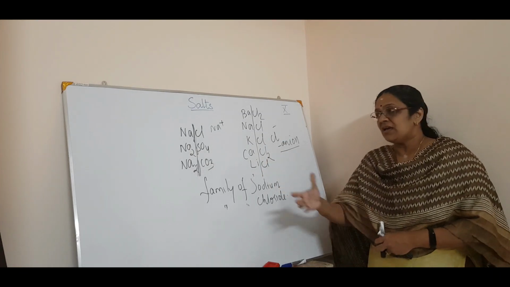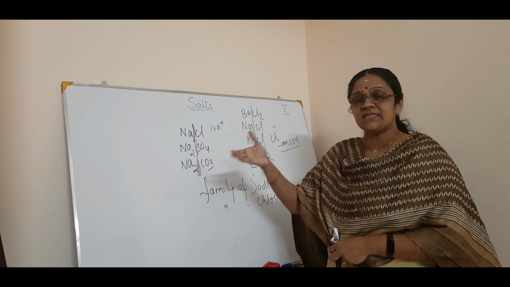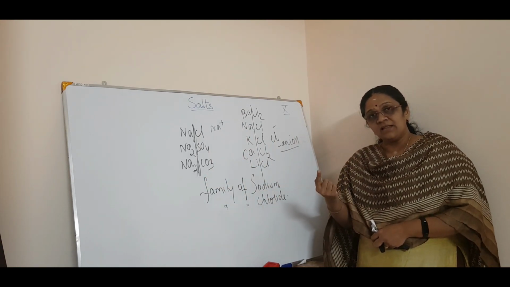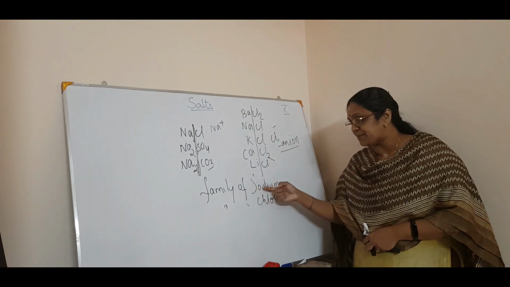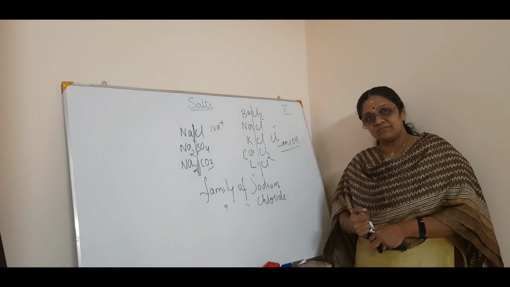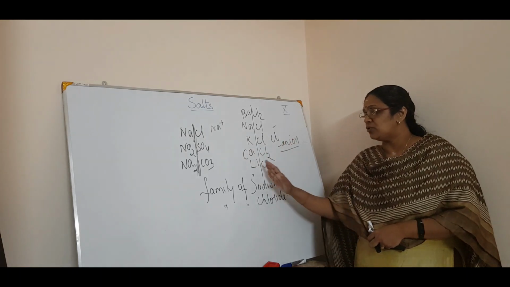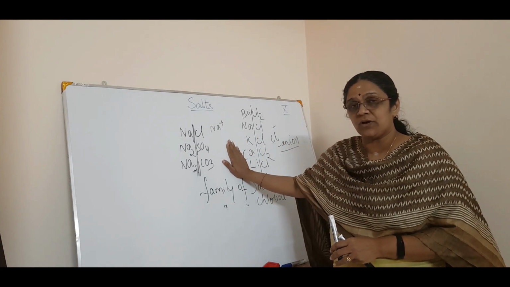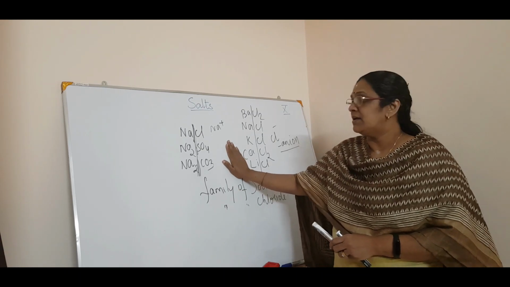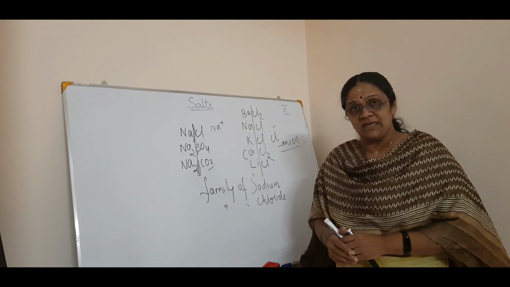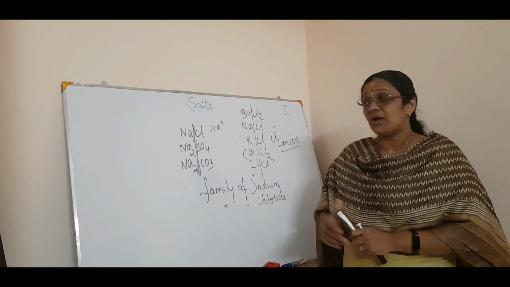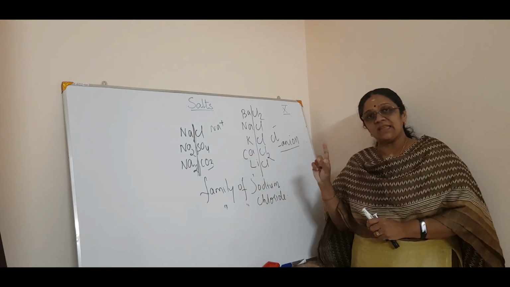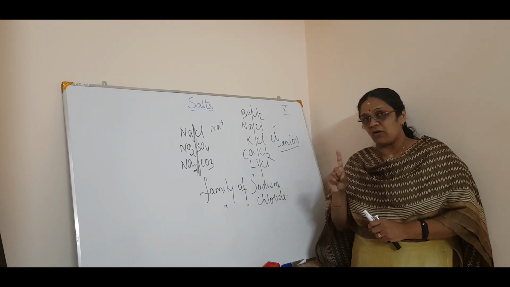Family of salt means if all the salts contain one common ion or radical, then they can be called the respective family. So that also you must note. For this also there is one activity in your textbook. You just copy it and then write the family of that salt. First you have to write the chemical formula. If there is any mistake in the chemical formula, you will get it wrong.